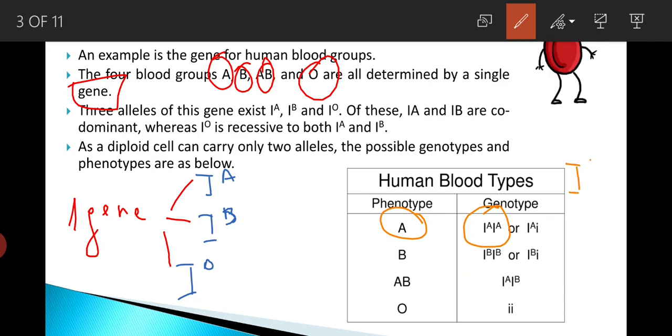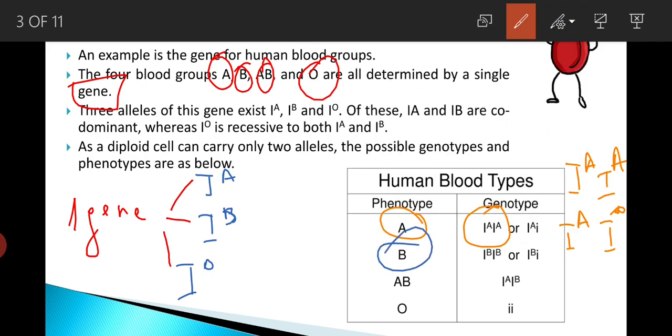So it might be IA and IA, or it might be IA and I0, both for the group A. Same for the blood type B. We have the group B and the genotypes are IBIB or IBI0.